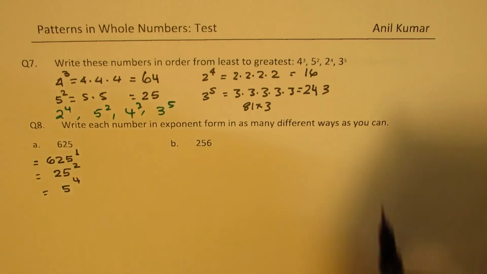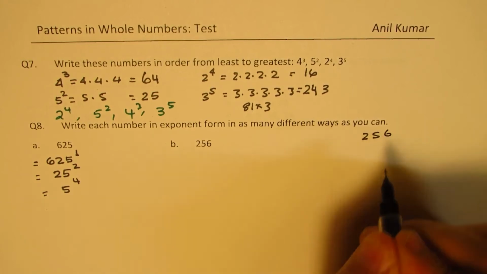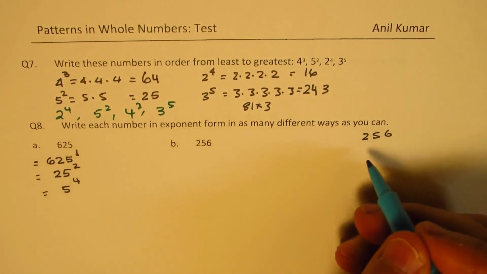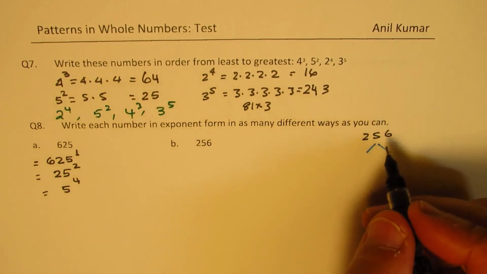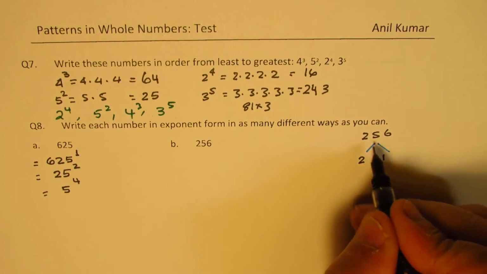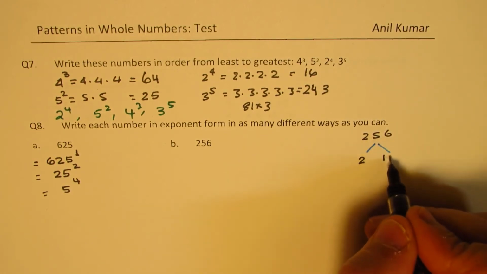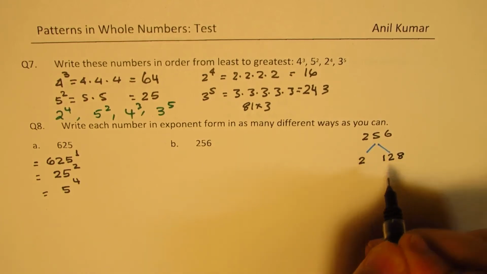Now let's look into 256. We'll adopt a different method. We'll do prime factorization to get the exponential form of numbers giving 256. Let's divide by 2. Half of 256 is 128.